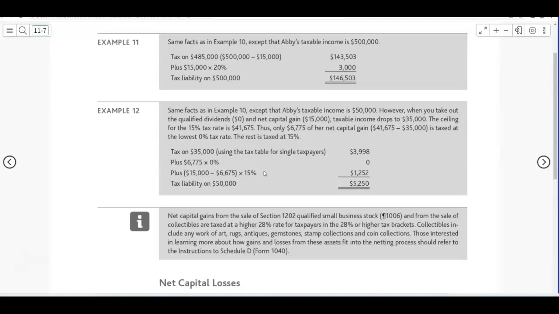So that's the threshold. So 6,775 is multiplied by the tax rate of 0% because she's low income. And 15,000 minus 6,775, that is above that threshold of 41,000, falls into the 15% tax bracket. Make sense?